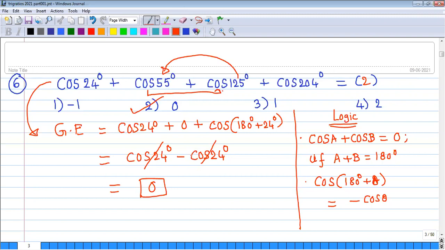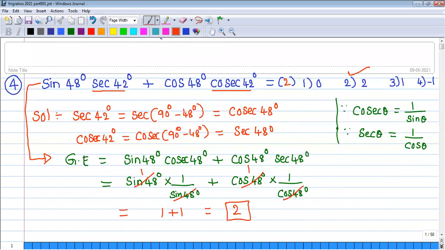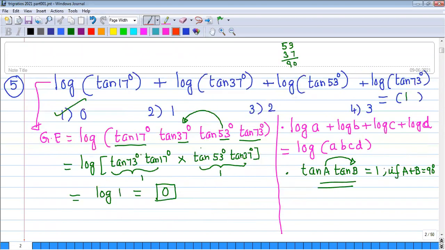Sir, one show fast. This is first page. Okay, sir. This is second page.